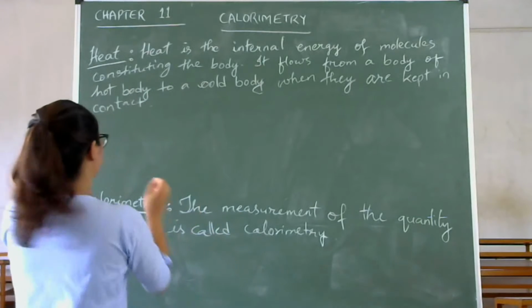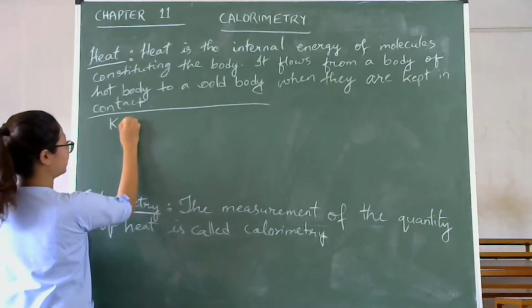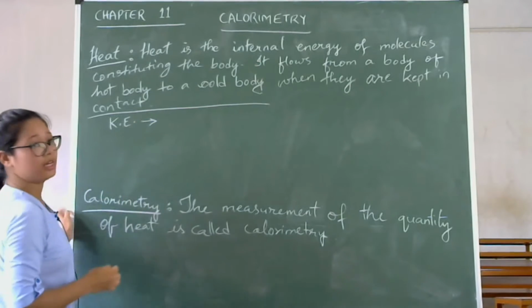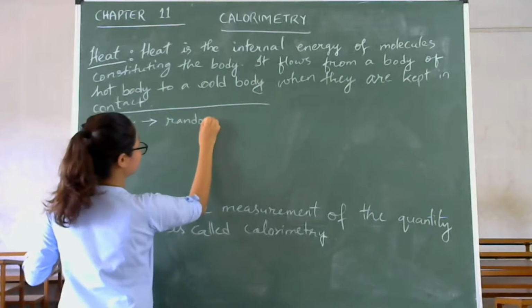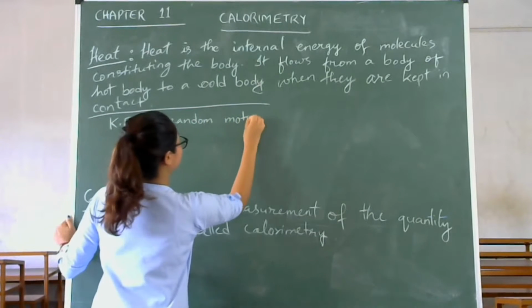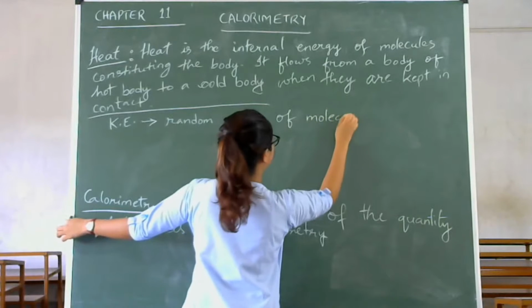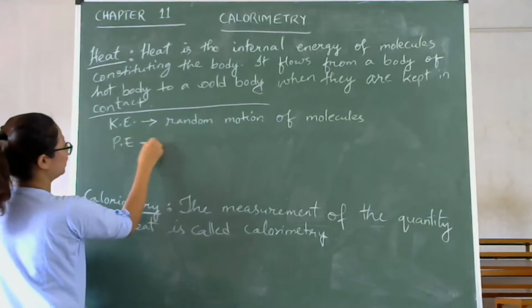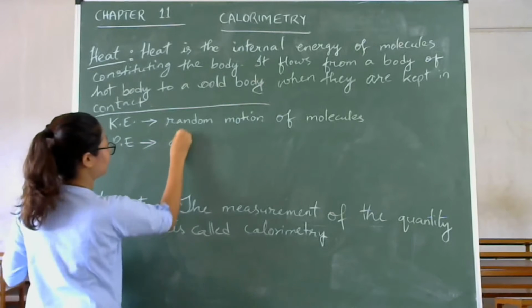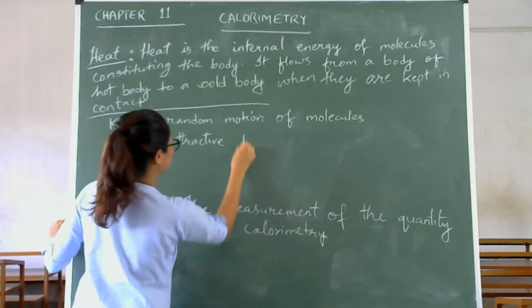So in molecules, we have kinetic energy, which is due to the random motion of molecules, and we have potential energy due to the attractive forces that exist between the molecules.